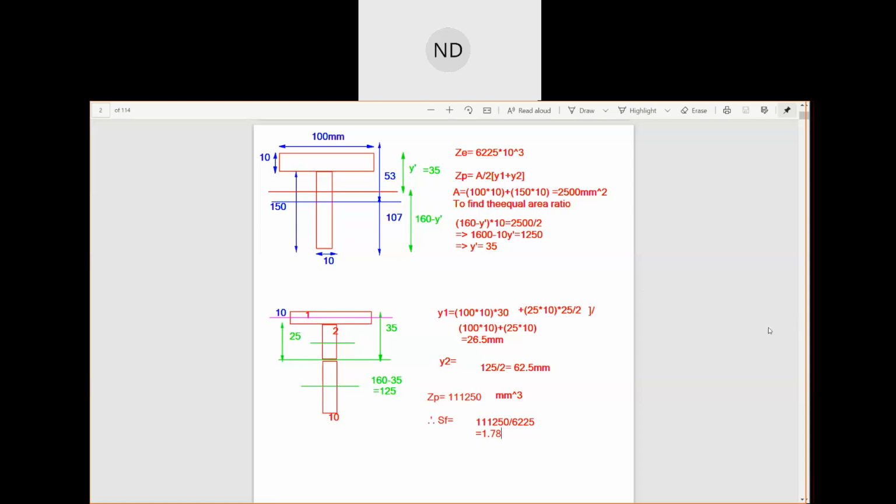Next class will be on collapse loads, moments, etc. With this shape factor, plastic hinge we can find out. For plastic hinge also.